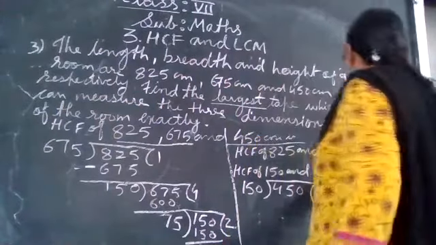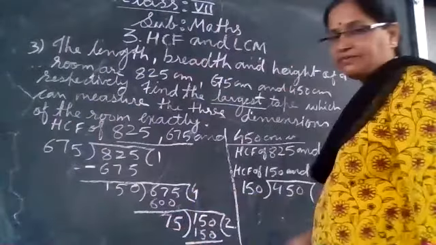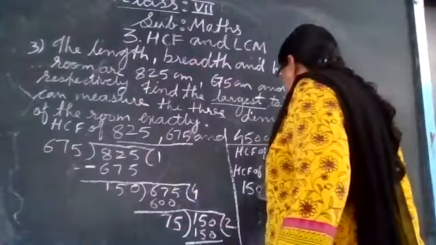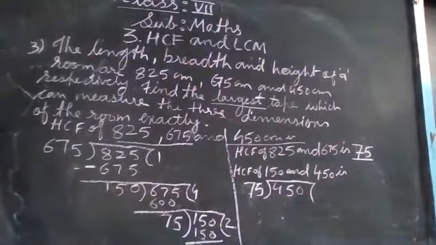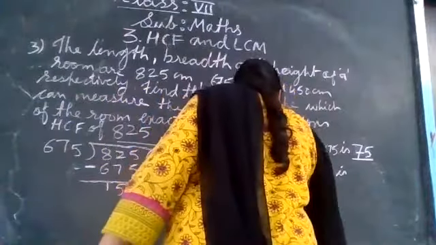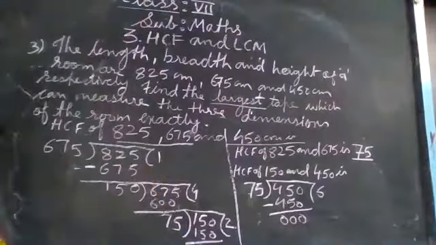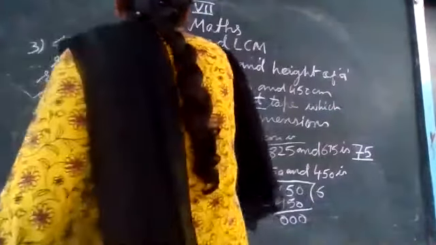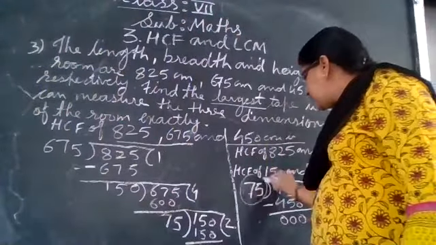Here 450 divided by 75. So 75 sixes, yes, remainder 0. So the HCF of these three numbers 825, 675 and 450 is this 75.